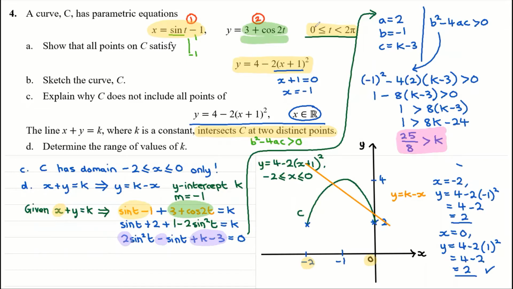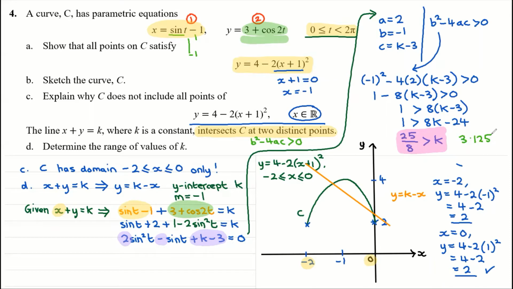It is in fact 3.125, if you just do it on your calculator. So that means the y-intercept upper limit is 25 over 8 or 3.125. And I would forgive you for thinking, okay, well, that's the answer, isn't it? As long as k is less than 3.125, we're in business.